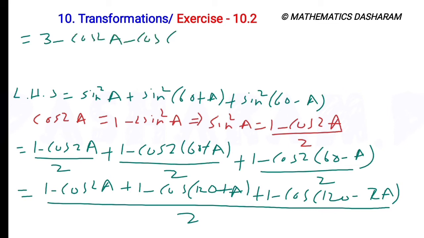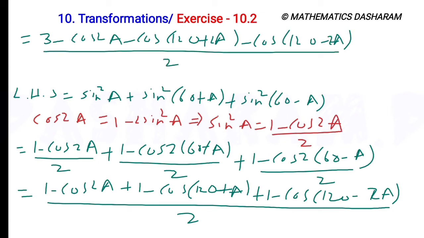minus cos(120 + 2A) minus cos(120 − 2A), divided by 2.